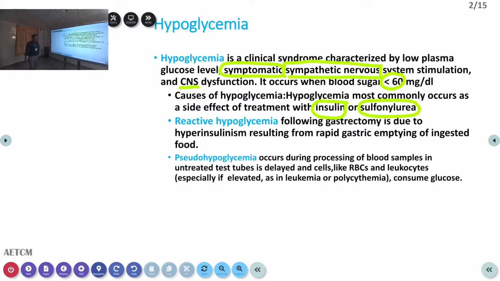Reactive hypoglycemia occurs when the patient has undergone gastrectomy, whether the patient is on insulin or not on insulin.